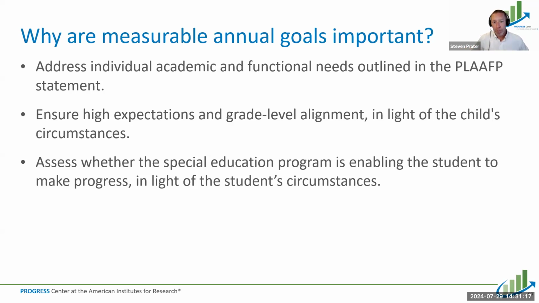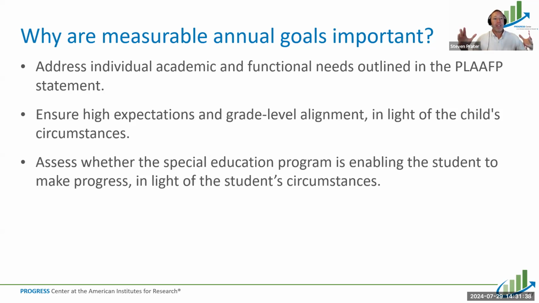That may not be appropriate for that student, but you do want to align whatever skill that student's working with or working towards, that it does align to grade level skills that other students in their grade level are working towards. So make sure that grade level alignment for those measurable annual goals.